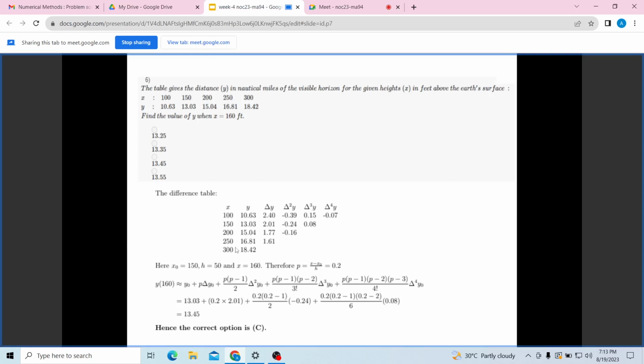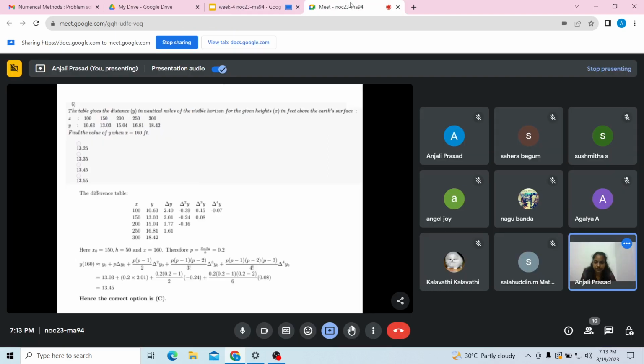For y naught, it should be 10.63. This should be 10.63, not 13.03. Here it's a mistake. Y naught should be 10.63.